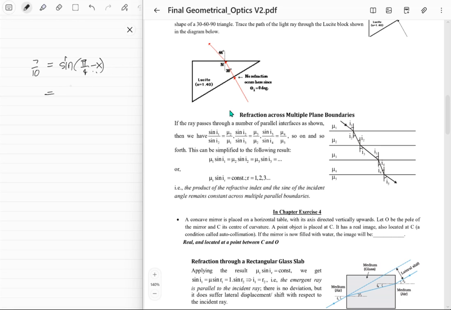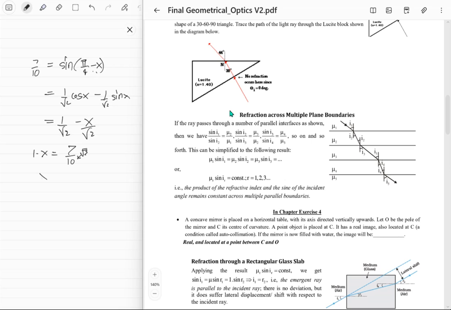So you can write this thing like 1 upon square root 2 sine 45 cosine x, and then minus 1 upon square root 2 cosine 45 sine x. But then x must be small because it's so close. So you can just say it's 1 upon square root 2, and cosine x is approximately 1, so minus x upon square root 2. First degree approximation. So from that, just get 1 minus x is equal to 7 upon 10 times square root 2.